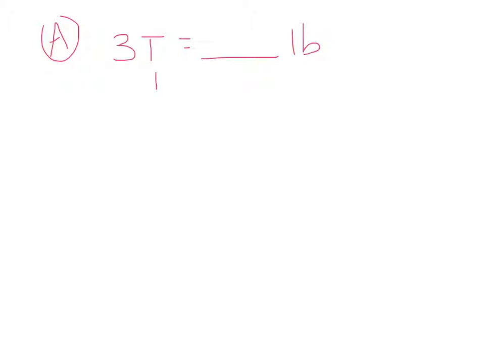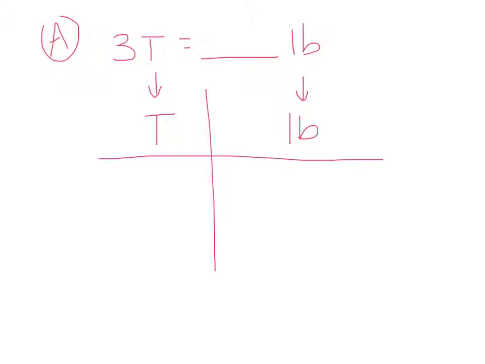Whatever units I've got here are the units that start out in my table. So if I've got tons and pounds, my table is going to be tons and pounds. Then I have to look at my mathematics chart. Where do you see tons and pounds equaling each other? You see that 1 ton equals 2,000 pounds.